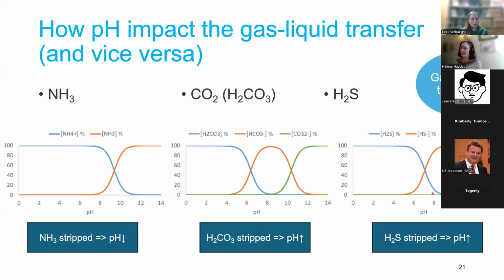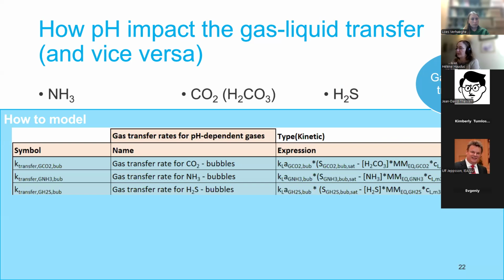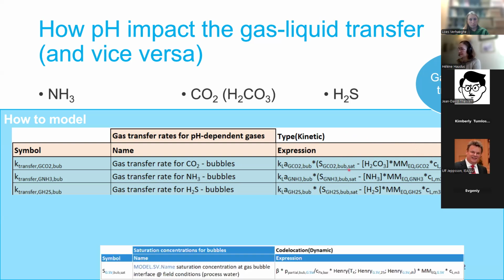Okay, and then how do we model that in the biokinetic model? It's not much different than for the other gases. You may know how the gas transfer is simulated for the oxygen transfer. It's the same principle. We model it as a gradient between the concentration of the dissolved gas and the maximum saturation concentration of this gas in the liquid. And this saturation concentration is calculated based on Henry's law.